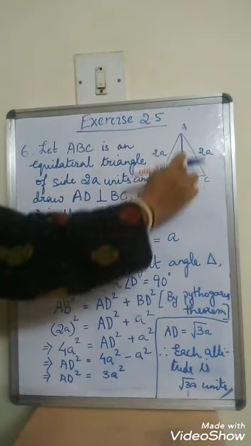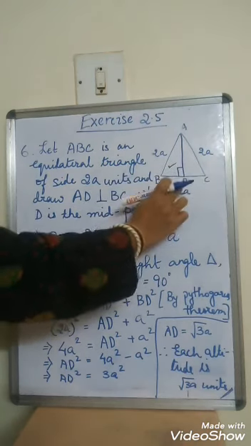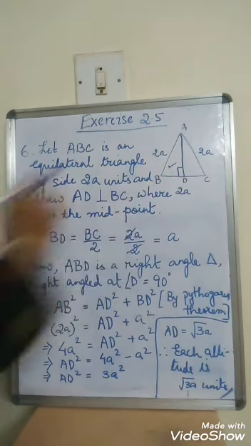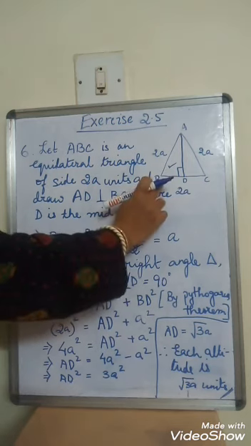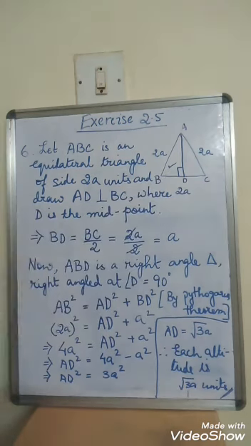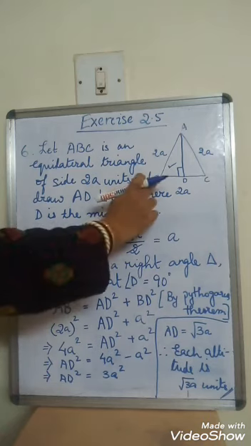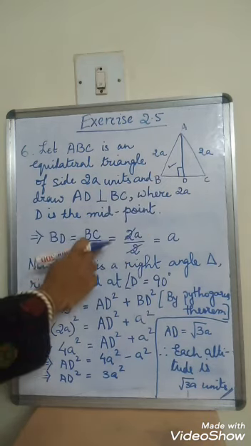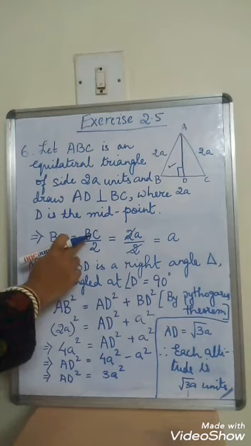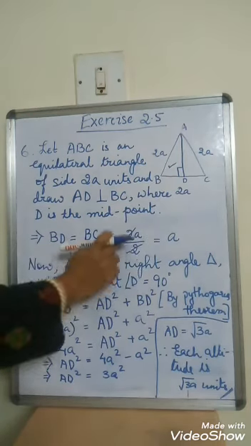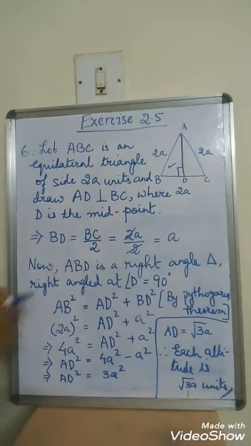So now AD is perpendicular on BC and D is the midpoint, right? So now we have to find out BD, right? Now BD is half of BC. So BD equals BC by 2. Why? Because BD is half of BC and we have the measurement of BC. What is the measurement of BC? 2A. So 2A by 2, when we cancel it, it comes A, right?